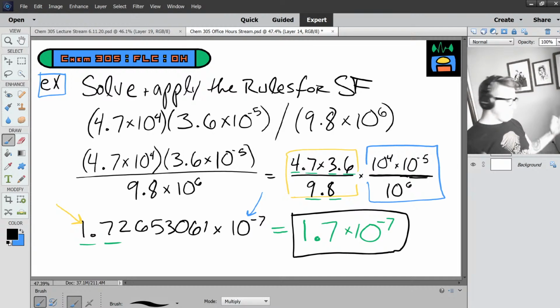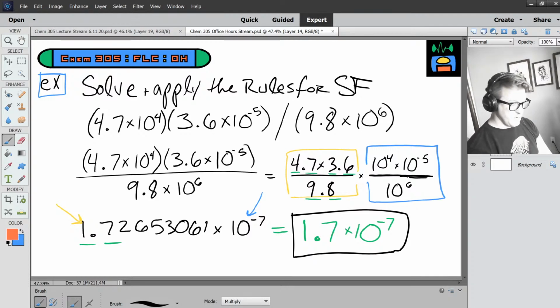It's just mathematical operations while applying the rules for sig figs, and in this case, because everything is multiplication and division, you can do them in any order. I find it easier to separate out the powers of 10, but you don't have to. You could just plug the whole thing into a calculator. The one thing that I want to mention is if you're using a graphing calculator, make sure that you put a big parentheses around everything in the numerator.